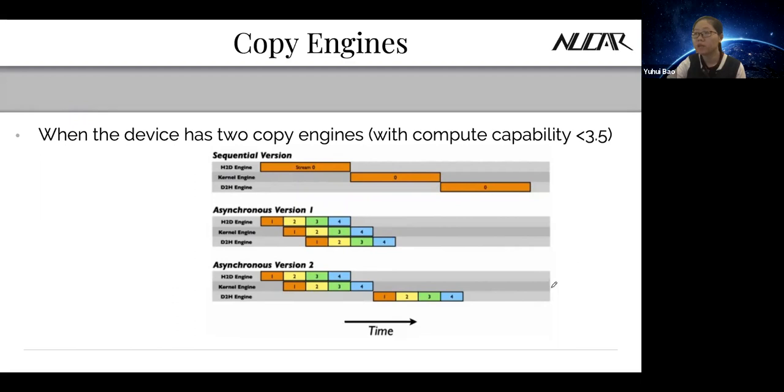But in this case, now we have two copy engines. One we can use for host to device, one is for device to host. We can understand this case easily.